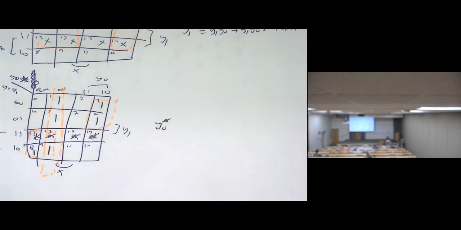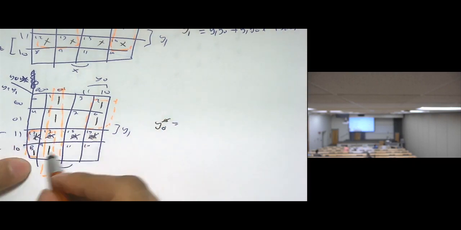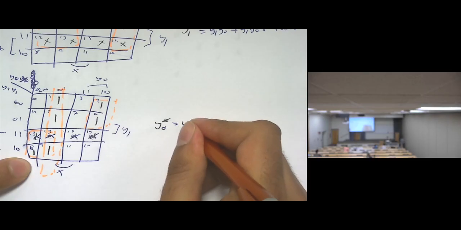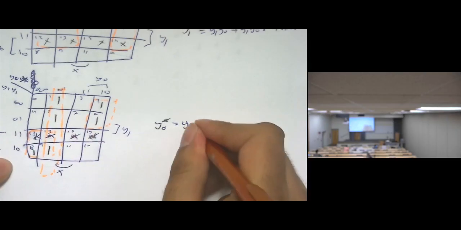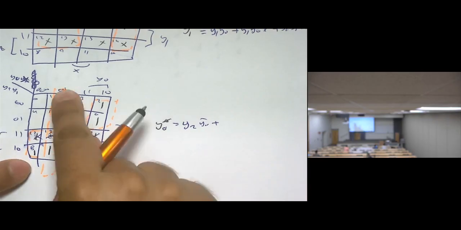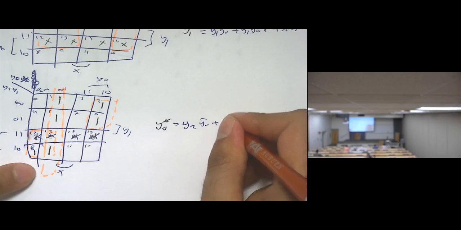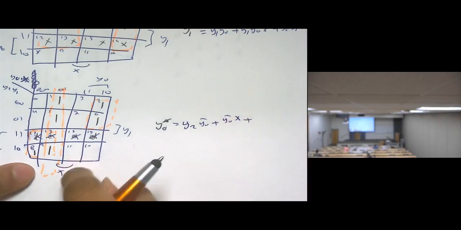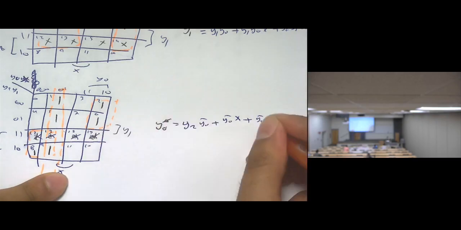Now this Karnaugh map for y0 is going to be, we have a set of 4 here, which is y2 y0 bar, plus this set of 4 is y0 bar times x, plus these two are associated with y2 bar, y0, not y1, and x bar, right?